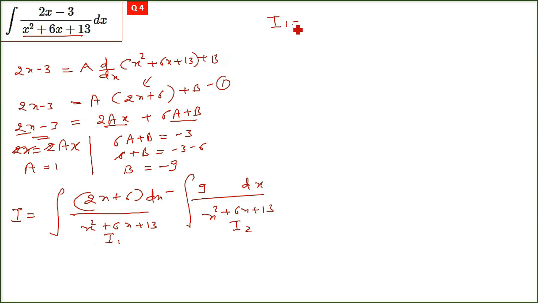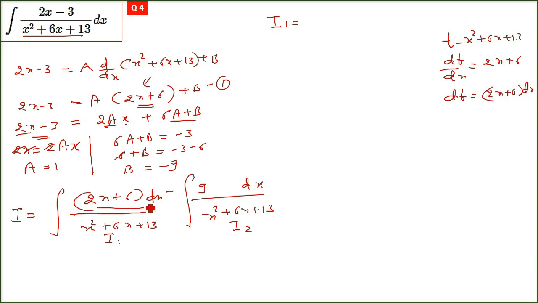I1 will be this 2x plus 6 divided by x square plus 6x plus 13, and the differentiation of x square plus 6x plus 13 is only 2x plus 6. So we'll take t equals x square plus 6x plus 13. We'll differentiate it, so dt by dx equals 2x plus 6, and dt will be equal to 2x plus 6 into dx, which is the numerator actually for the I1 term.